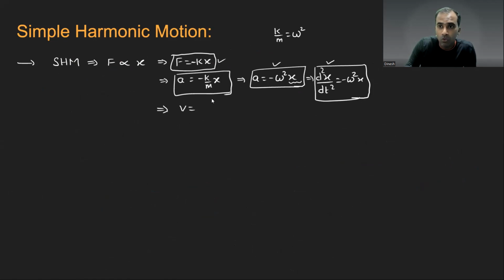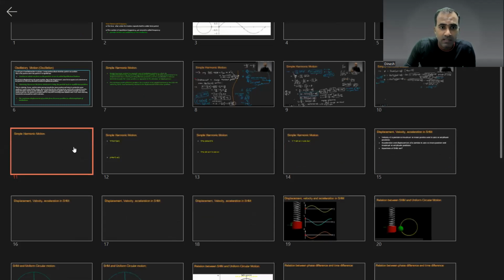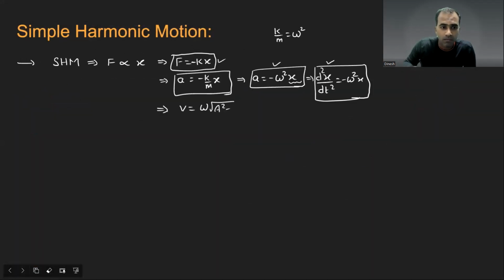If displacement is taken as y, you can write it as a square minus y square. If displacement is taken as x, you can write it as a square minus x square. Since displacement variable we have taken as x, I'm writing it as omega into root of a square minus x square.